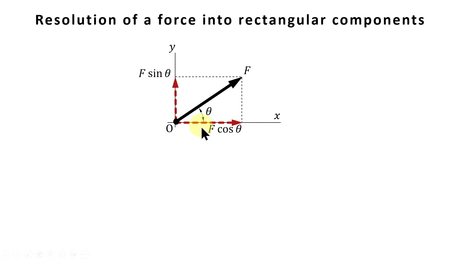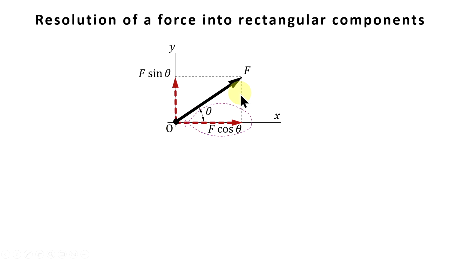F cos theta is the component along the x-axis and F sin theta is the component along the y-axis, where theta is the angle made by the force vector with the x-axis. That is, if the angle of the force with the x-axis is mentioned in the diagram, then the component along the x-axis is the cos component. Now here in this diagram, two systems of forces which are equivalent to each other are superimposed.